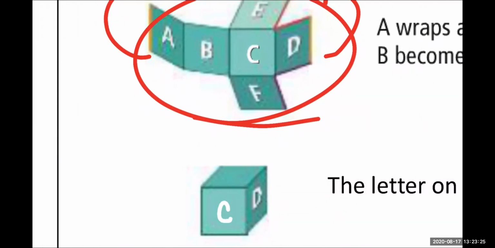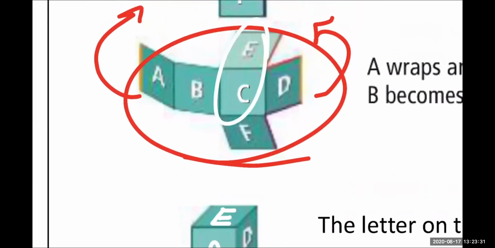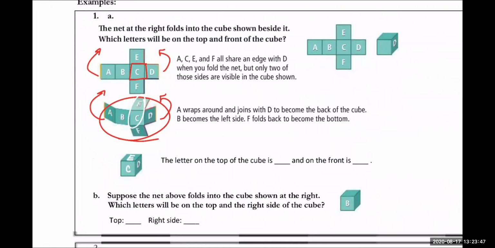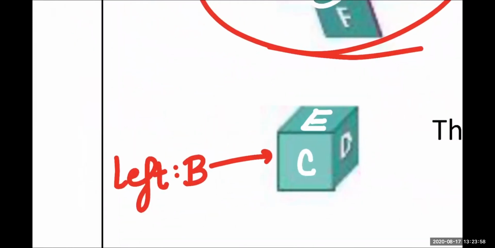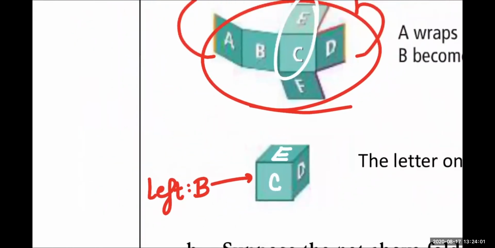Okay, so E is going to be like that because of how they appear right there. B is on the left. So we've got the left side is B. How about the back? A.